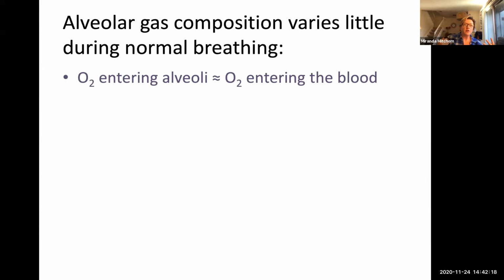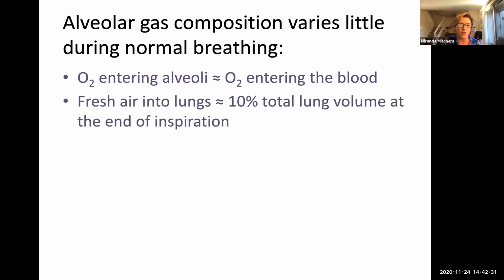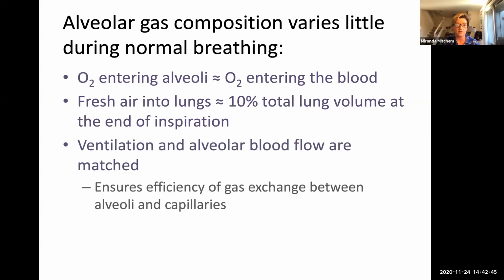The amount of oxygen that comes into the alveolar sacs is equal to the amount that moves into the blood, because it is an efficient process due to the bulk flow and pressure gradients. But if we look at the fresh air, which would be things other than oxygen, it's about 10% of the total lung volume at the end of inspiration.